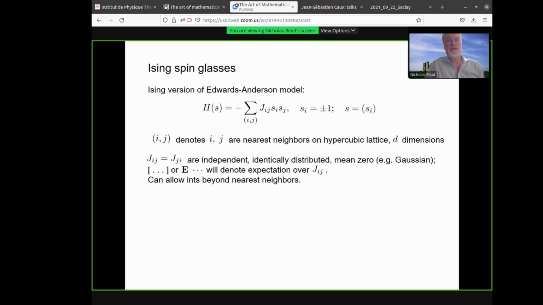Okay, so Ising spin glasses, really the basic definition goes back to Edwards and Anderson. It's written here, and we have nearest neighbor interactions, and Ising spins, and J_ij are independent random variables. I can still hear an echo of myself.